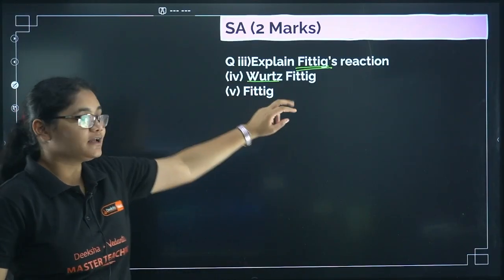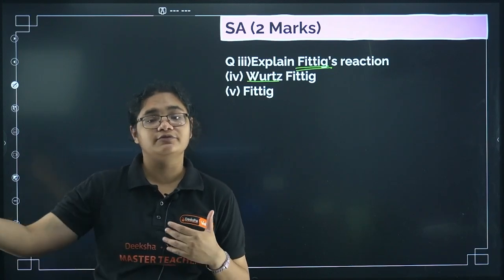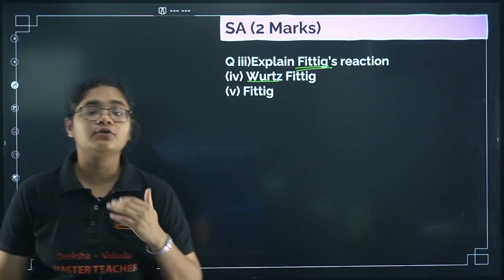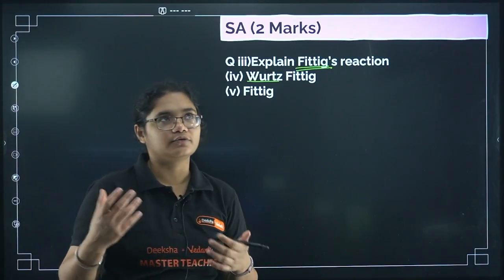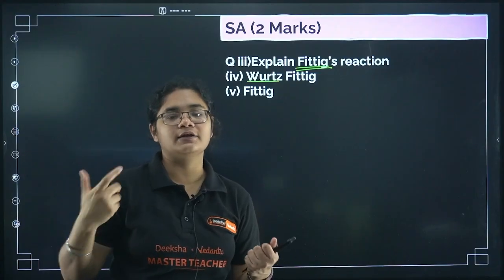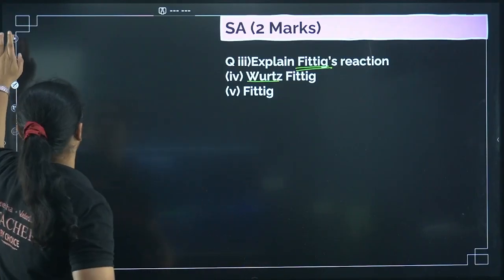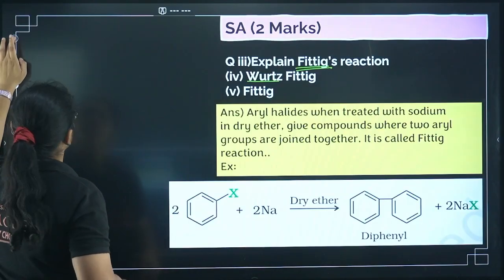Then what is Wurtz-Fittig reaction? Alkyl halides and aryl halides react with each other in presence of sodium and dry ether to give you alkyl arenes. So that you can write down as a Wurtz-Fittig reaction. I've given an example, you can follow the same method for all of them.